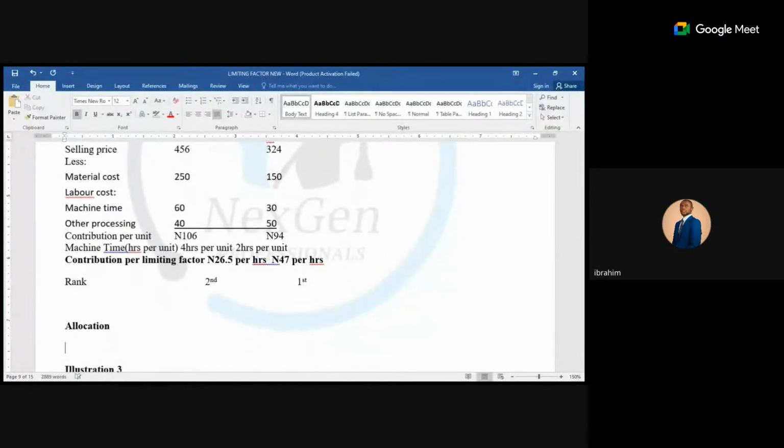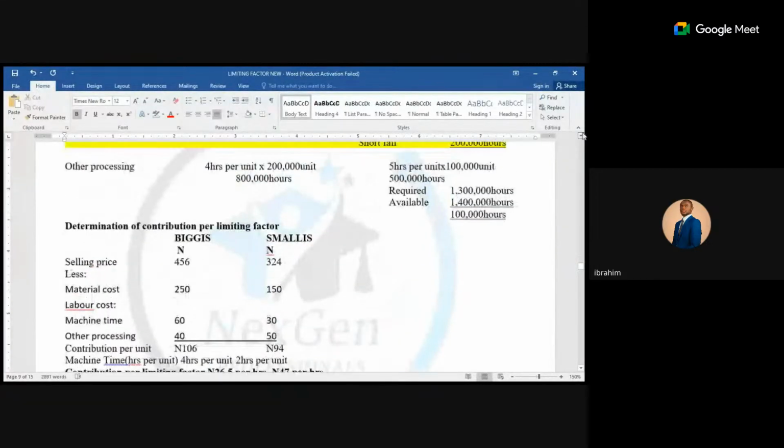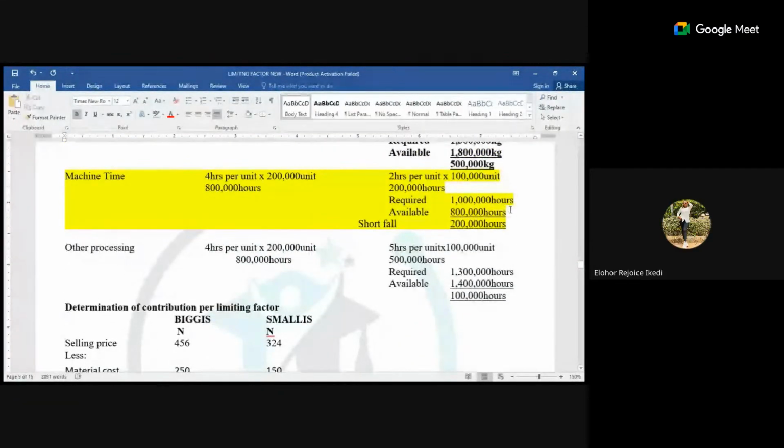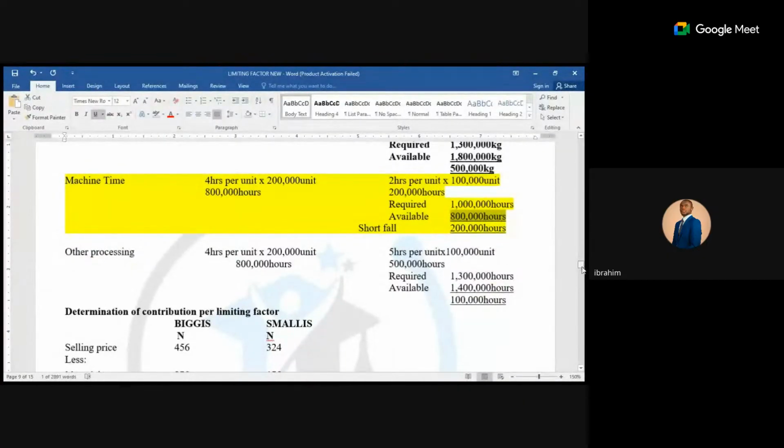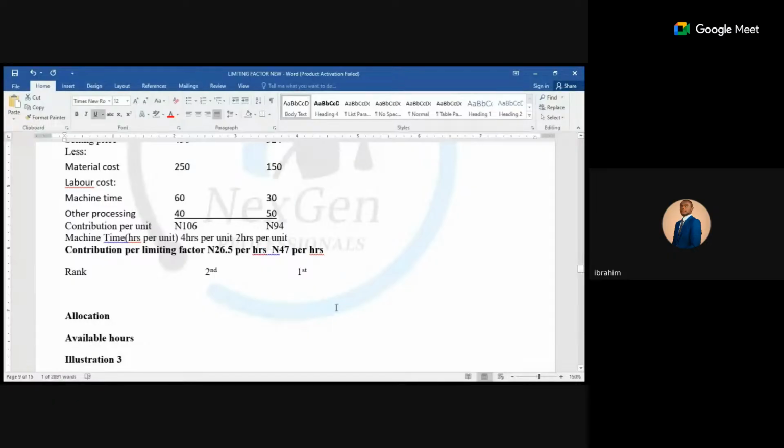Right. So what is our available hours for the limiting factor, which is machine time? Available hours is 800,000 hours.